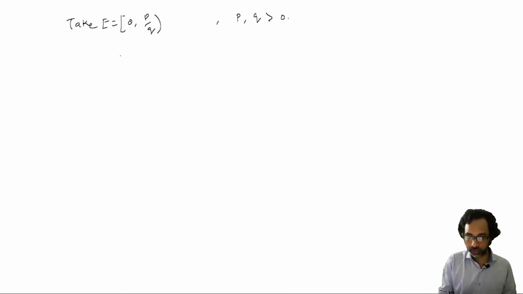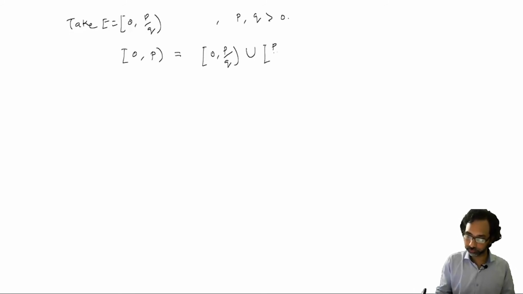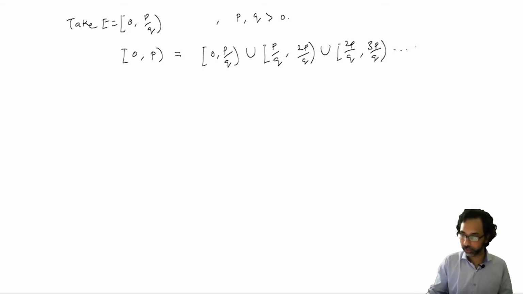and now what I am going to do is take this set [0, p) and divide it in chunks of length p over q. So this can be written as a disjoint union: [0, p/q), [p/q, 2p/q) union [2p/q, 3p/q), and so on, and you will end up with an interval [(q-1)/q times p, q/q times p), which is nothing but p.